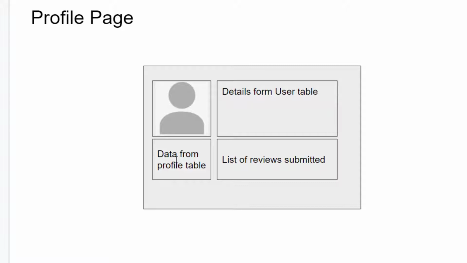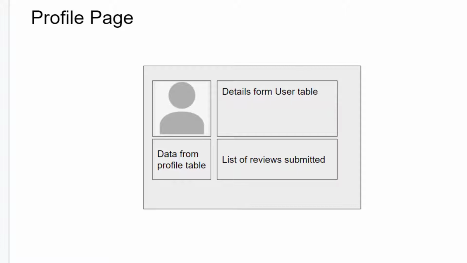I don't know, stuff like their Instagram handle and whatever other detail we had from the profiles table. And then we'll add some of the details here from the user table, such as their username. Maybe we'll leave email out. You don't need to get too personal. And we'll see what else we can think of. And then underneath that, we want just a list of their reviews to fill up the rest of the page. Okay, so that will go underneath there.